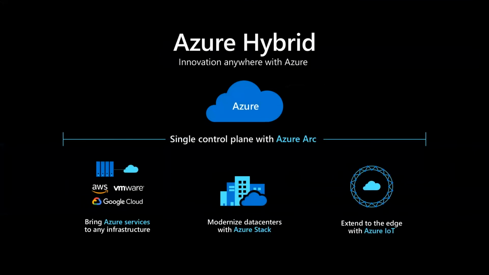Now, before we dive into the Arc thing, let's have a look at what we actually offer. So in Azure Hybrid, as I talked about, let's start on the bottom right here. I'm not going to talk too much about IoT because, again, we could talk for days about Azure IoT solutions. But IoT is obviously a big part of our hybrid strategy. And then in the middle, you can see our Azure Stack portfolio.